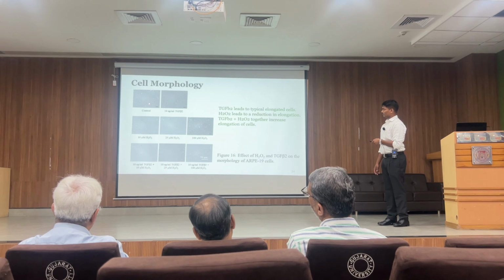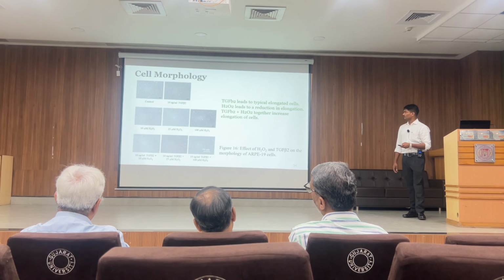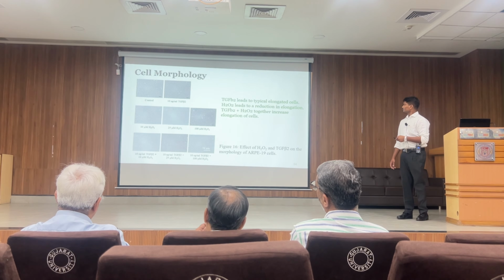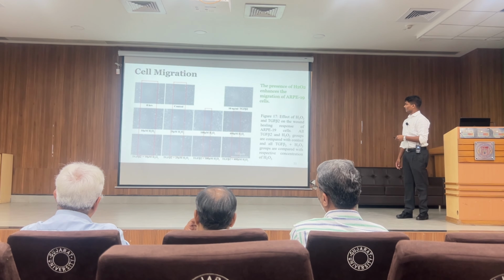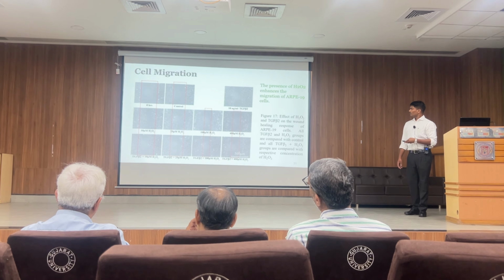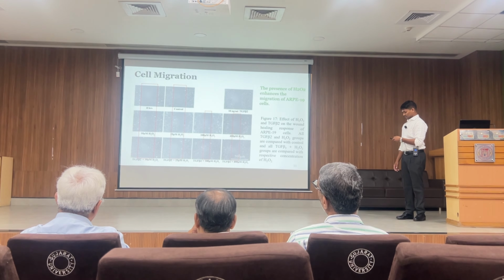When it is given along with TGF beta 2 and hydrogen peroxide, it shows very elongated cells. It means that the retinal pigment epithelial cell morphology changes and becomes more elongated. It means EMT.